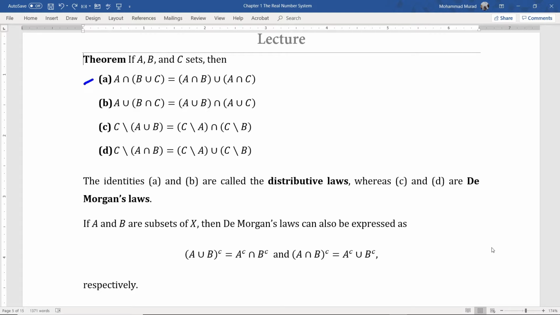The first statement says the intersection of the sets A and B union C is equal to the union of the sets A intersection B and A intersection C. Similarly, the second statement says the union of sets A and B intersection C is the intersection of A union B and A union C.